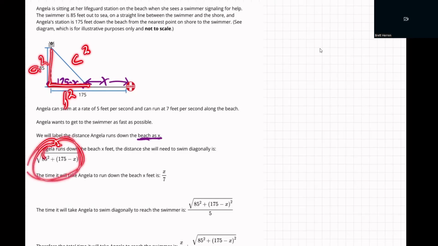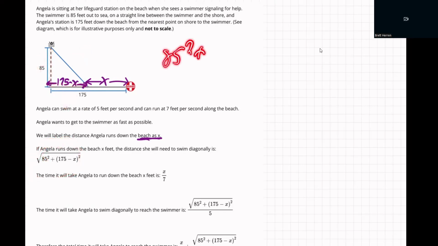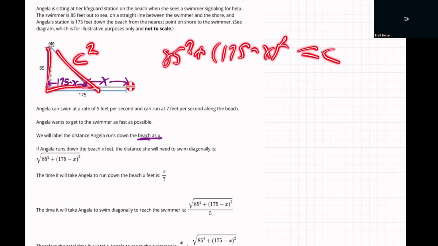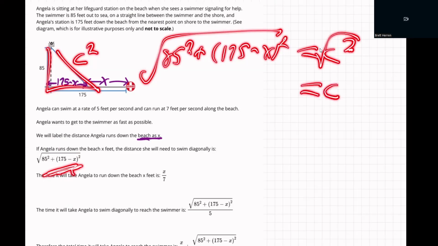So that's how they got this square root, because you would just say 85 squared plus (175 minus X) squared, right? This side squared plus that side squared is this side squared, C squared, and then you root it, and that's how they got this. So that's C, the distance you should swim diagonally.